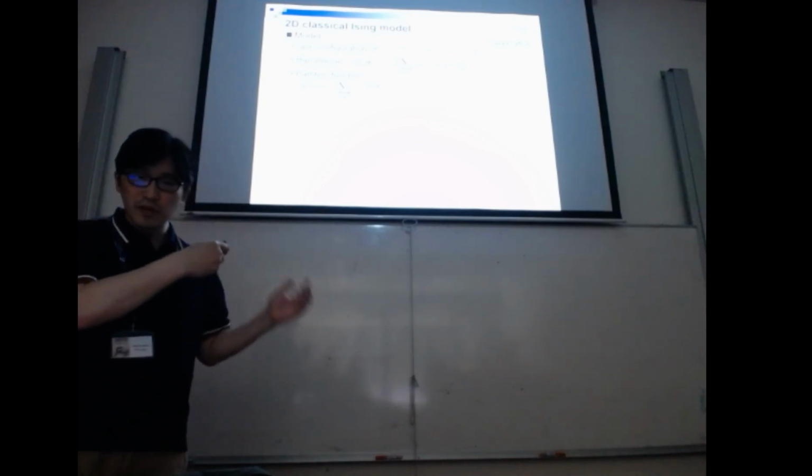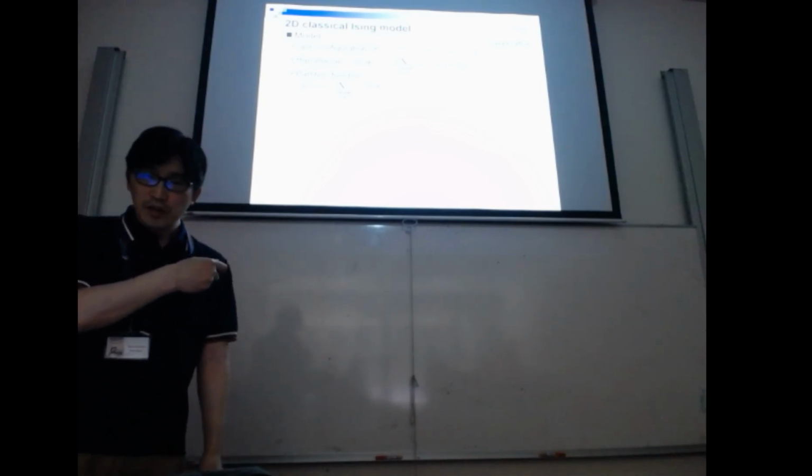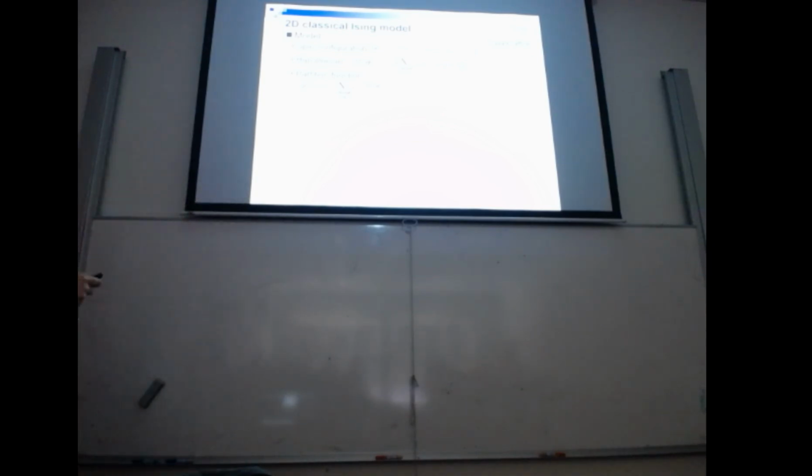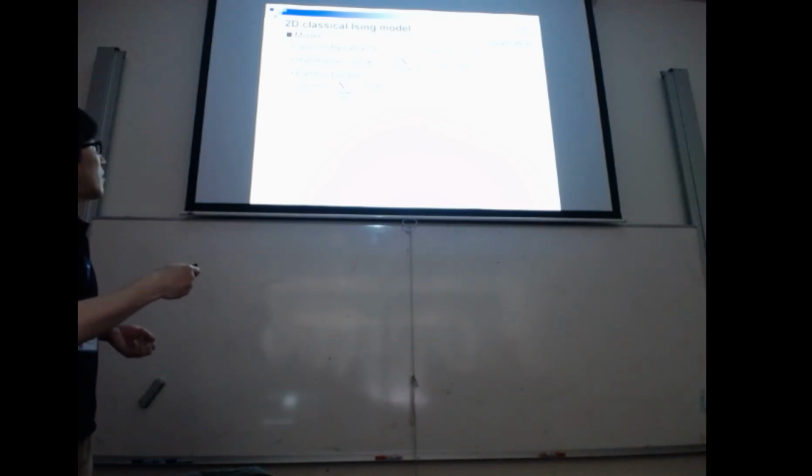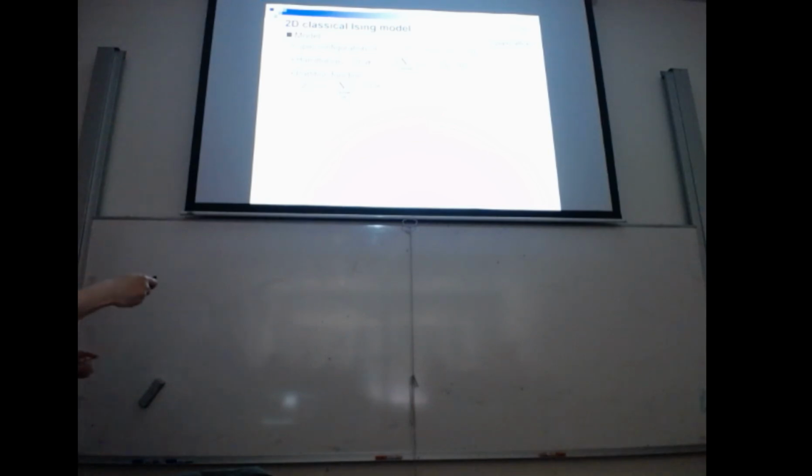I'm focusing on the 2D Ising model here. And this is the Hamiltonian of the Ising model, but we are dealing with just a classical model. This Hamiltonian is just the energy, right? And the energy is determined by the spin configuration sigma. So this is a function of sigma, and you have this sum of the nearest neighbor interaction, and here I'm considering the ferromagnetic case, so J is positive.